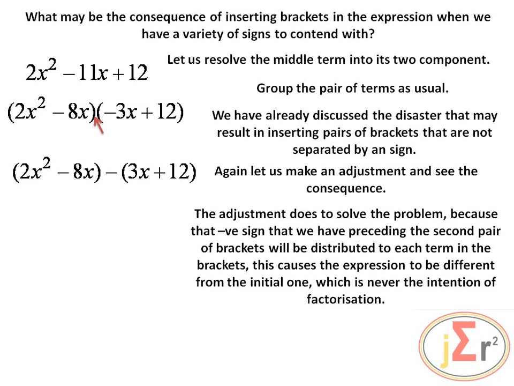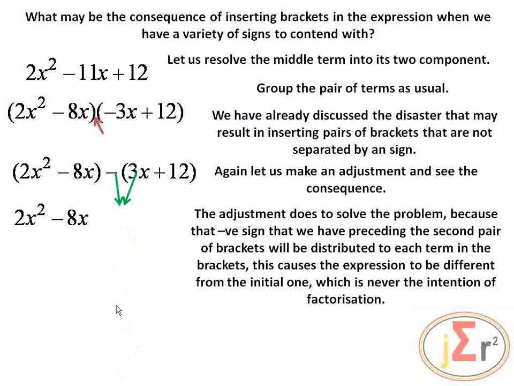Let us see what that means. We are saying that this negative term will be distributed to each term that is enclosed in the brackets, and that is not our intention.